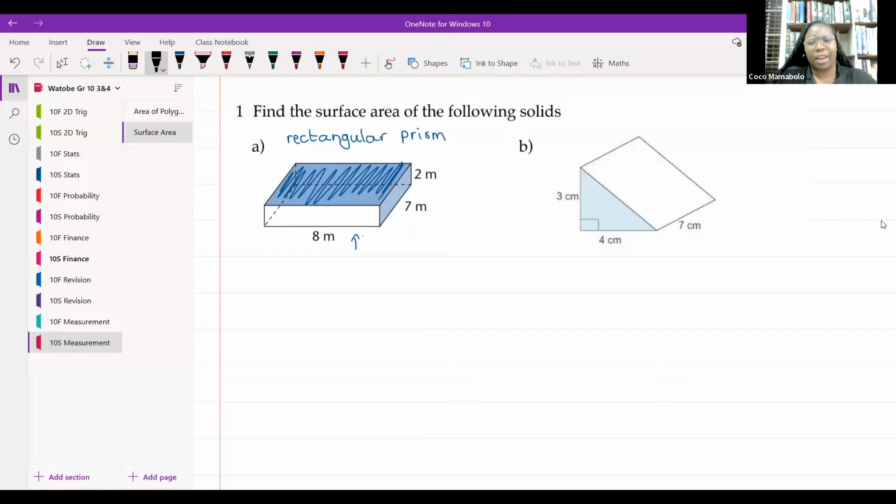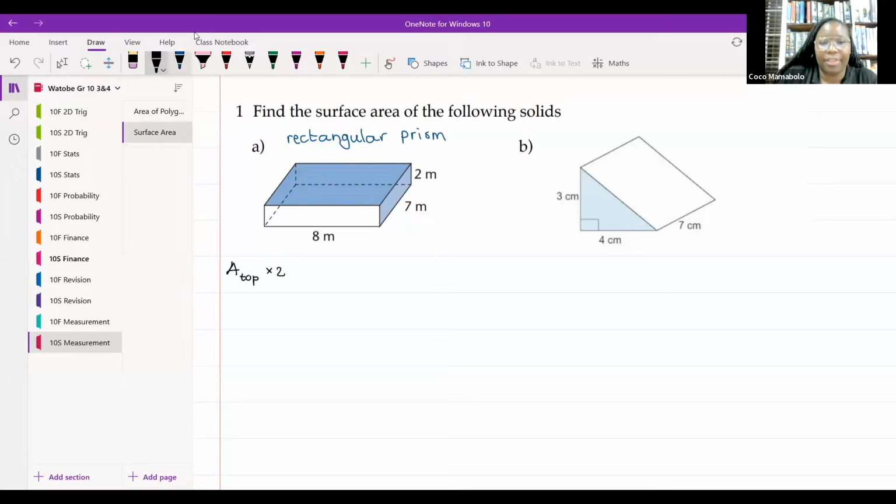So instead of calculating the area of the top and then calculating the area of the bottom again, all I'm going to do is take the area of the top side and multiply it by 2. Give me a thumbs up in the chat, peeps. Am I making sense? We're just going to take the top times 2.